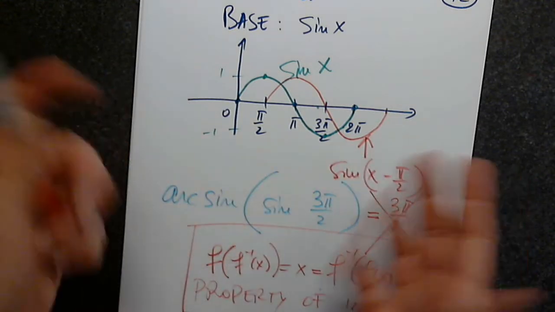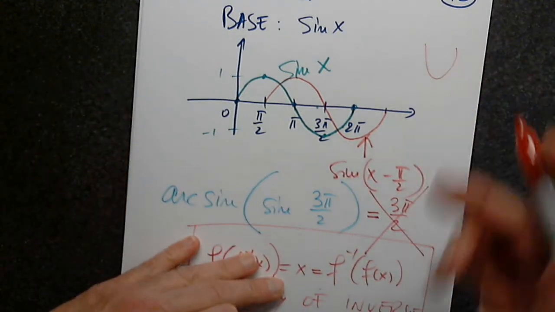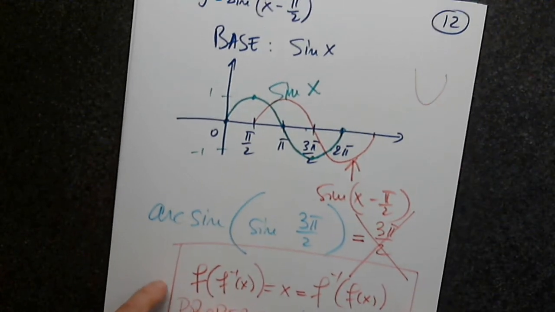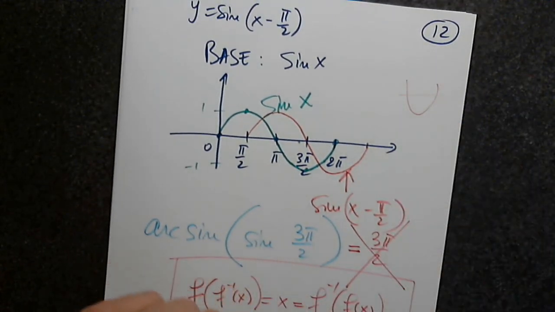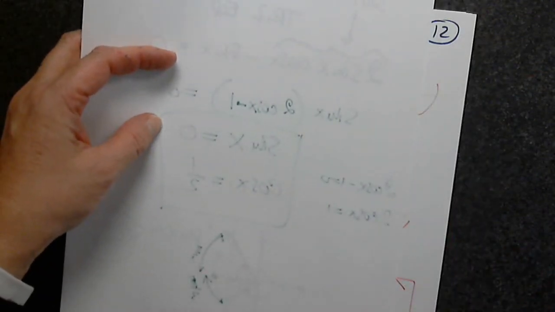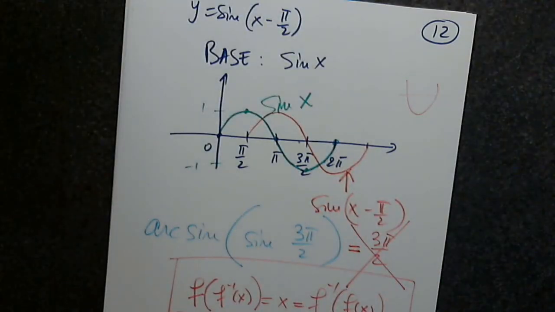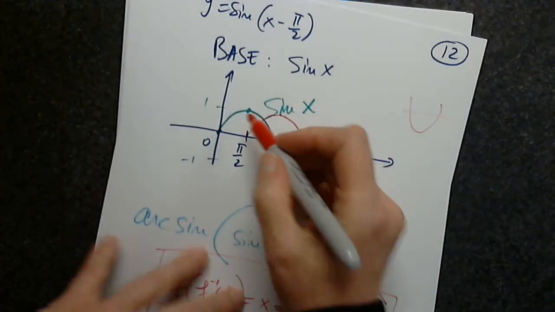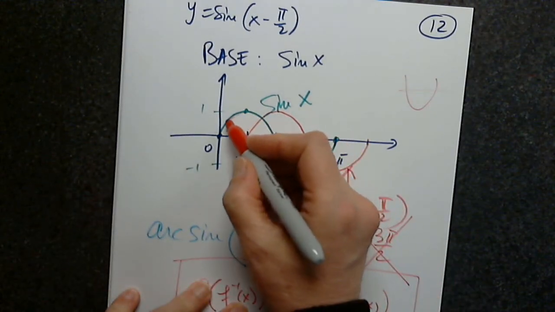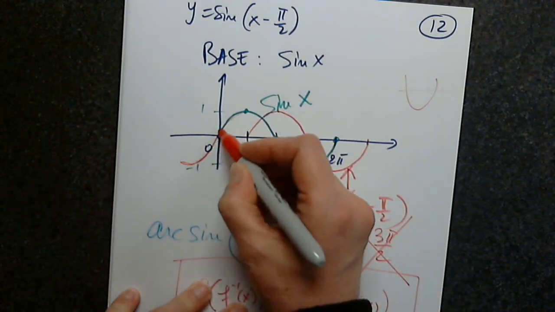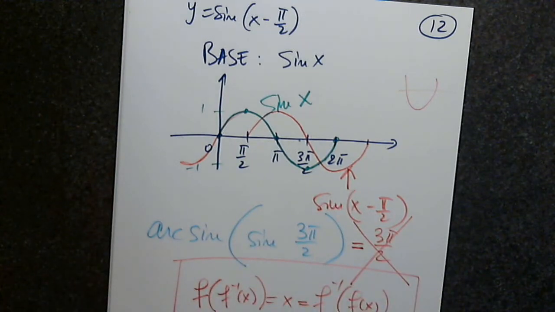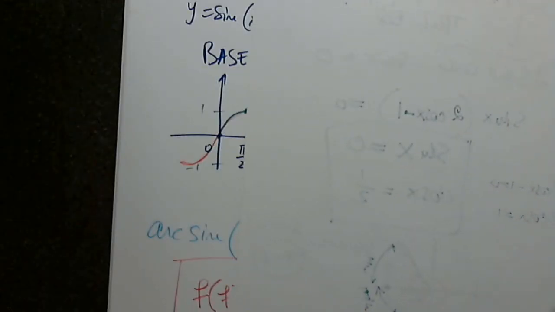Does a function that is not one-to-one have an inverse function? No, because it's not one-to-one. But, no, it does. I truncated the domain. I minimized the domain. Now this piece is one-to-one. So in order to invent the inverse function for sine, they said, okay, we are going to consider for sine just this piece.